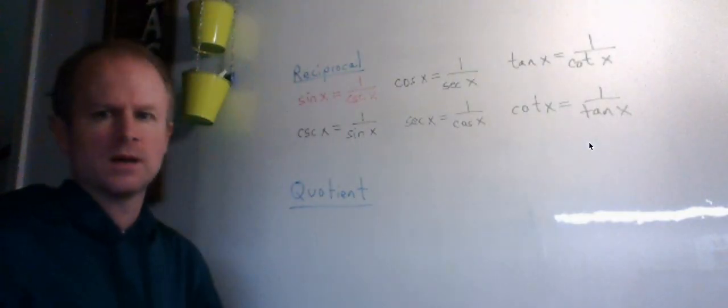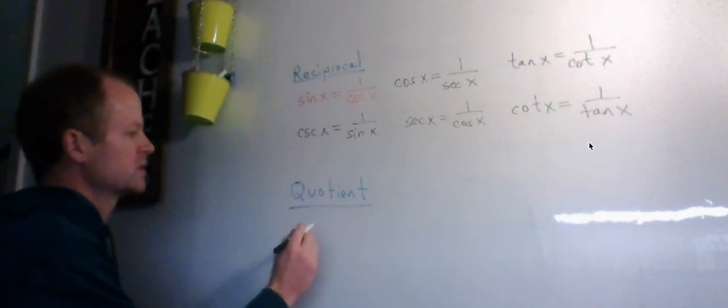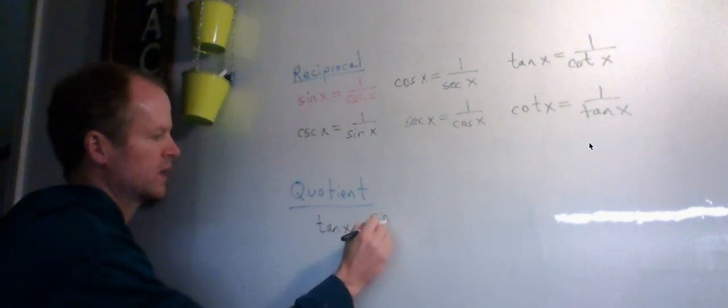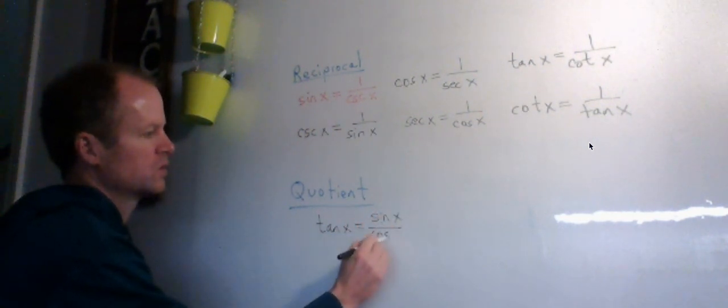And then the next ones are called the quotient identities. The quotient identities are the ones that say if I have tan of x, it's going to be equivalent to sine of x over cosine of x.